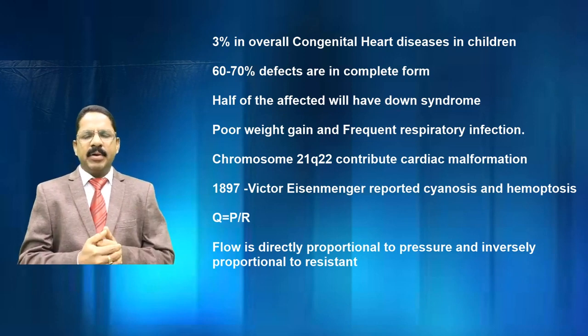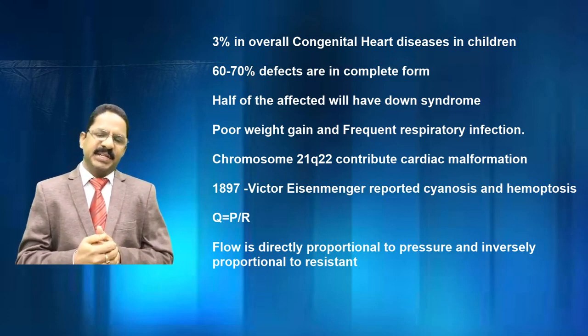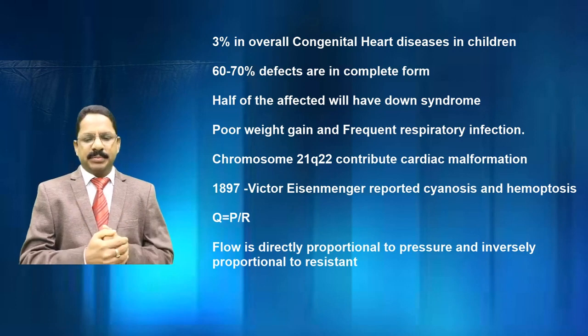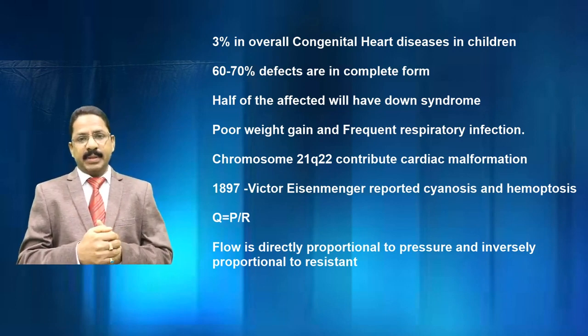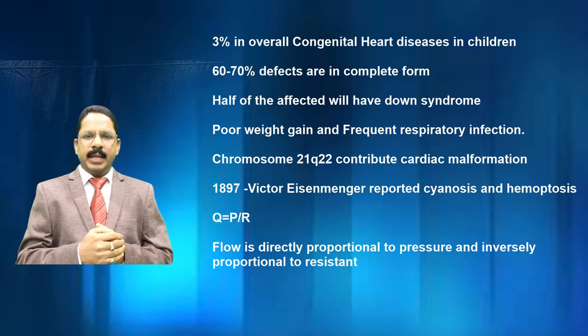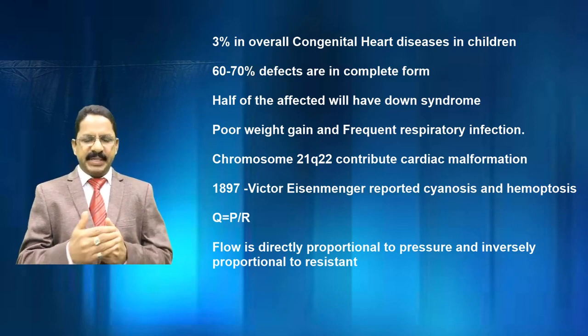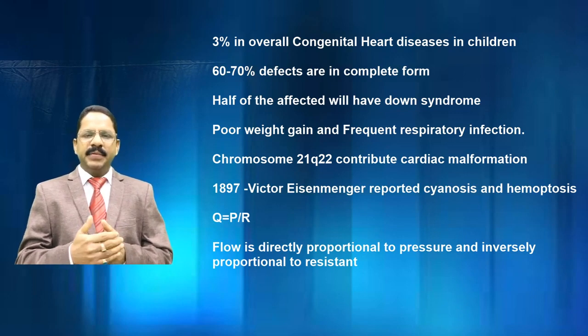This type of patient will have poor weight gain, poor appetite, recurrent lung and chest infections, and poor growth. In this defect, in this hole, there is a left to right shunt, but if you don't operate on the patient at an early stage, in future the patient may develop a right to left shunt.